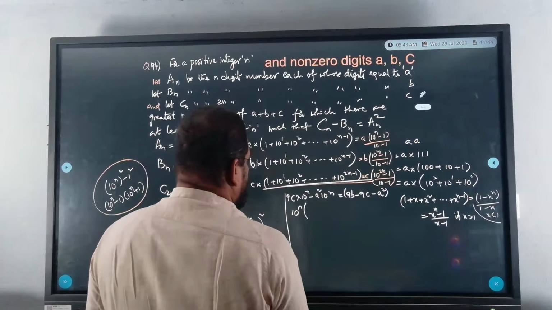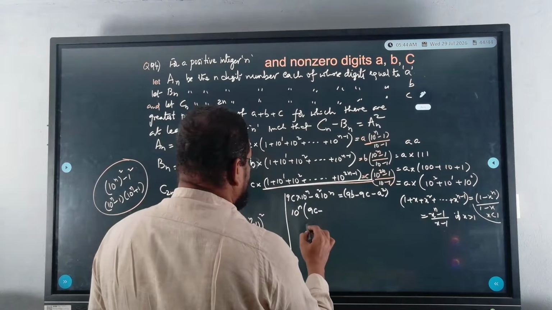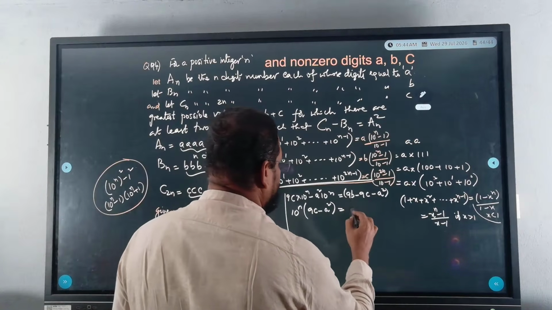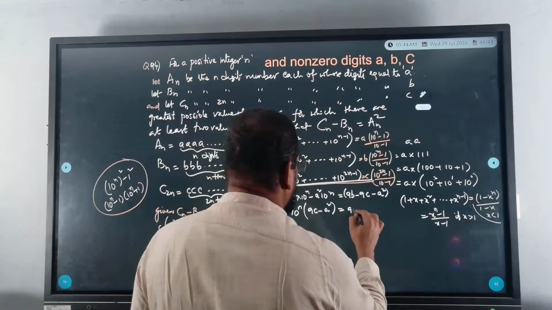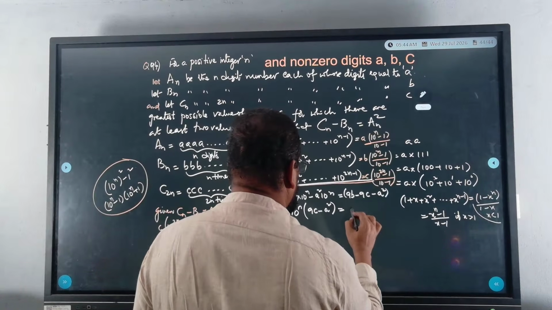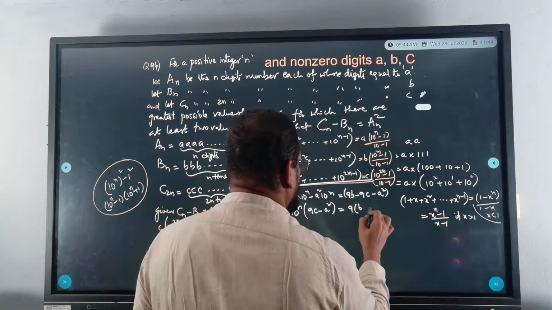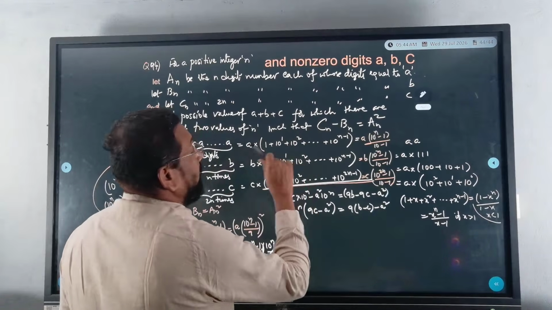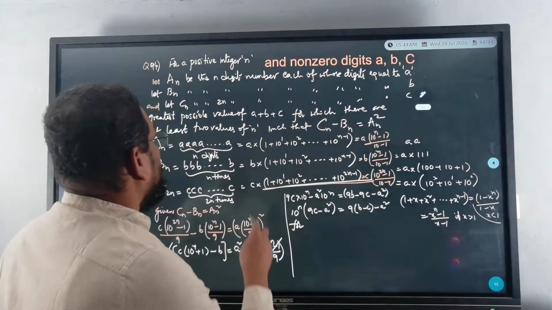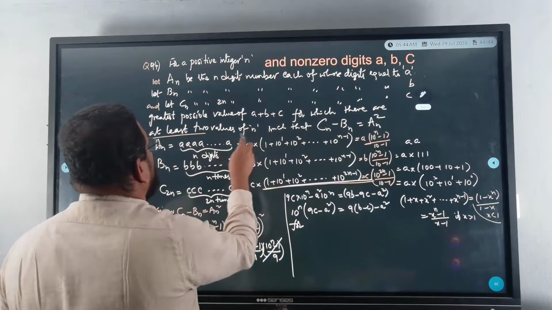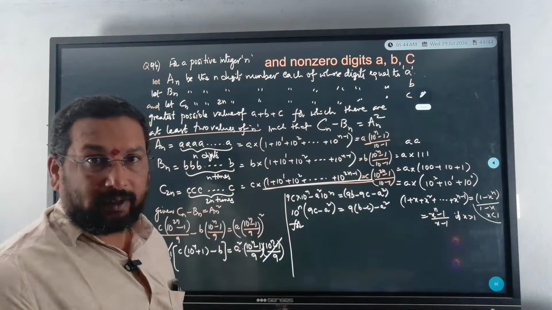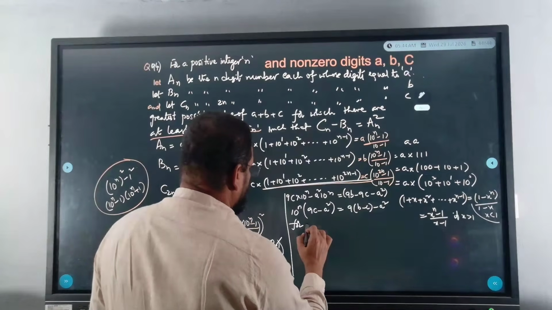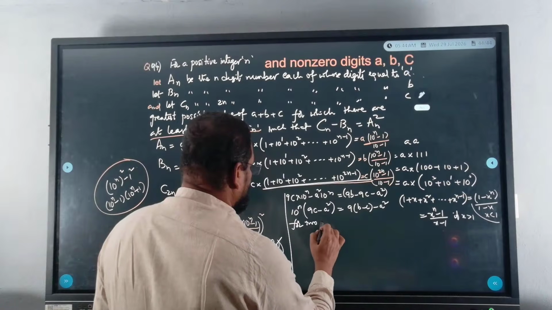So 10^n(9c − a²) = 9(b − c) − a². See, what is given in the question: there are at least two values of n for which it is 0. Suppose it is 0 for two values of n.